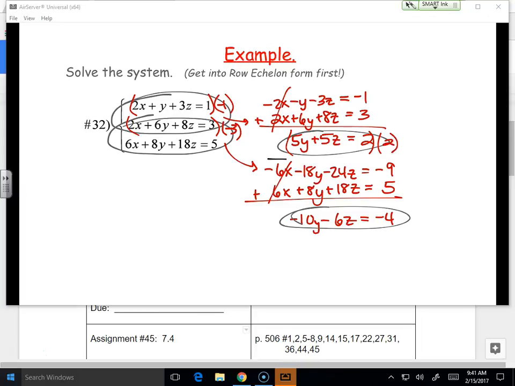You guys need to see my separations. To get the y, can you divide by 5 and get what's that equal?